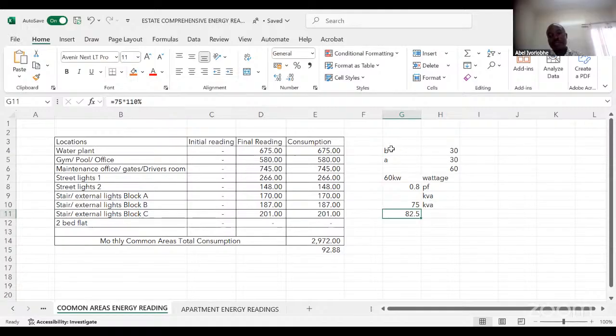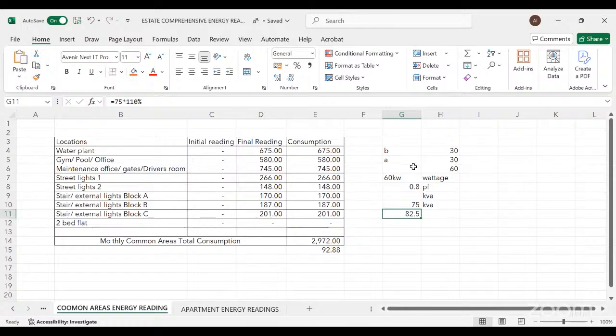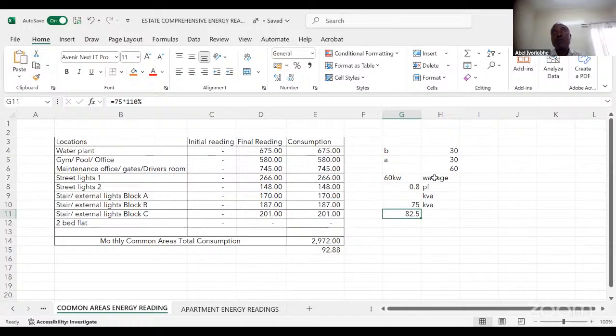All right. I said your total load now is A plus B. We give you 60. You see it? Yes, we saw it. So you have 60 kilowatt now. I said we don't make use of kilowatt in our building. We make use of kVA.